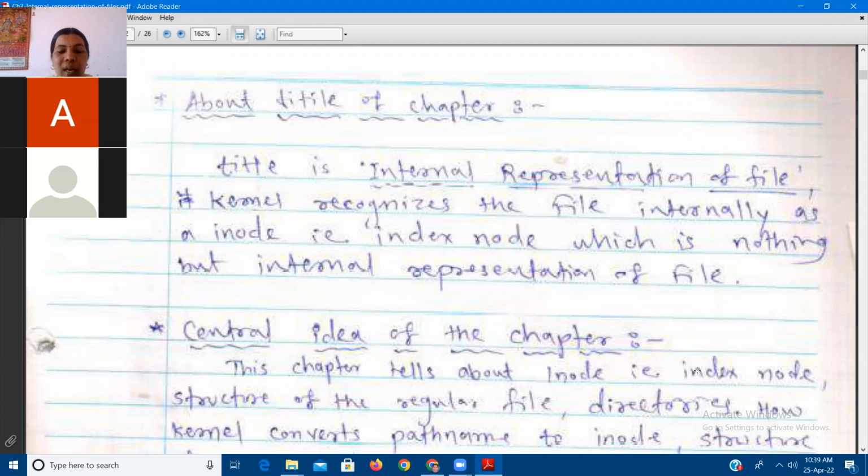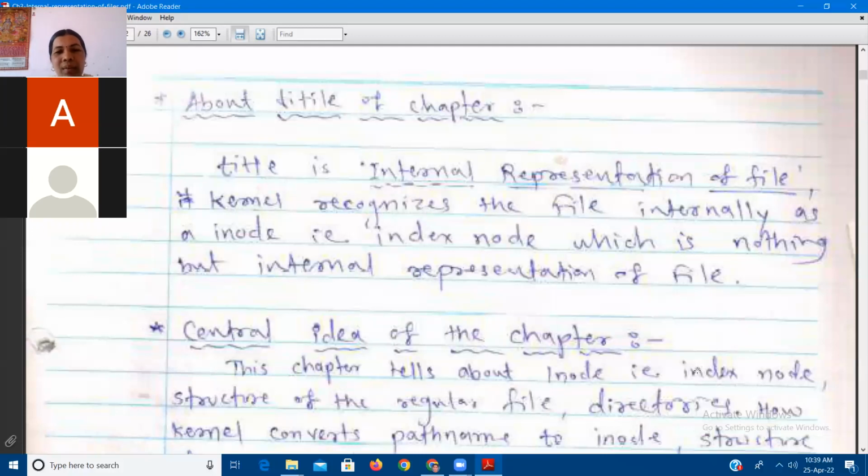Like you people, you have a roll number and your whole record: your name, your address, your class, your age, etc. All this is treated as your record. So your record is maintained internally as a part of the system with the class coordinators.